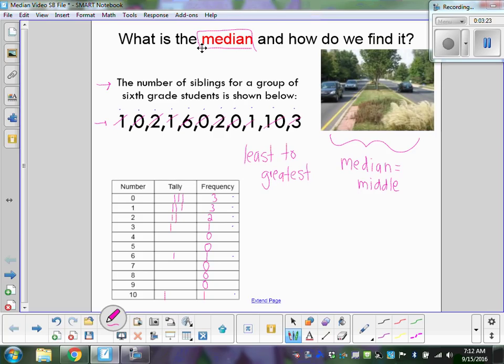I have 3 zeros right here, so I'm going to say 0, 0, 0. I have 3 ones right here, so I'm going to say 1, 1, 1. I have 2 twos right here, so I'm going to say 2, 2. 1, 3 right here.